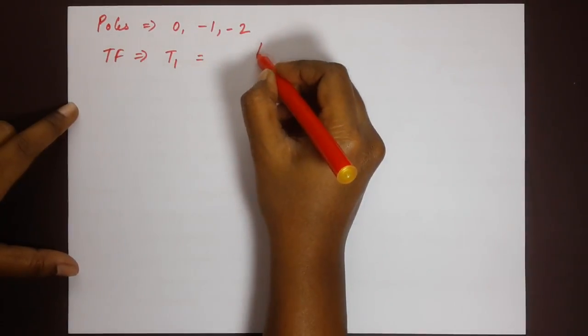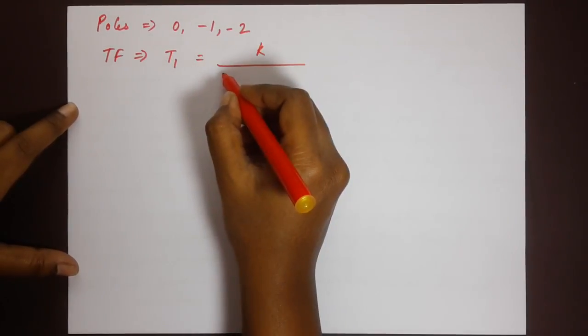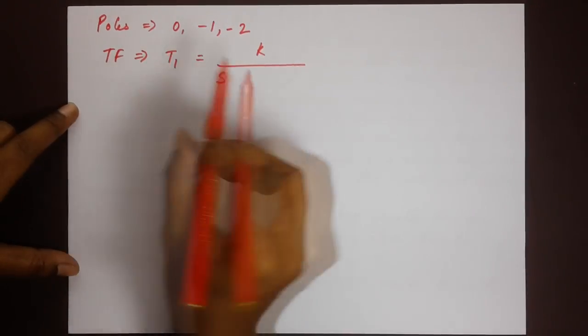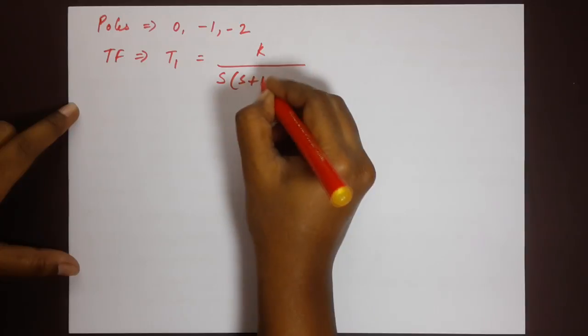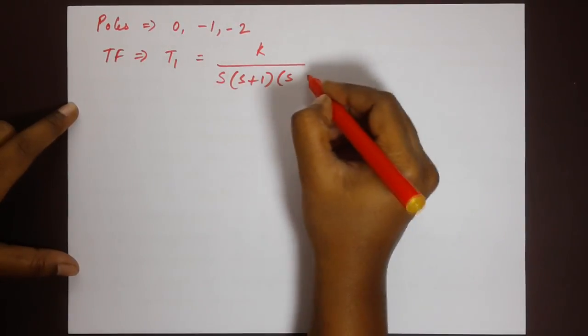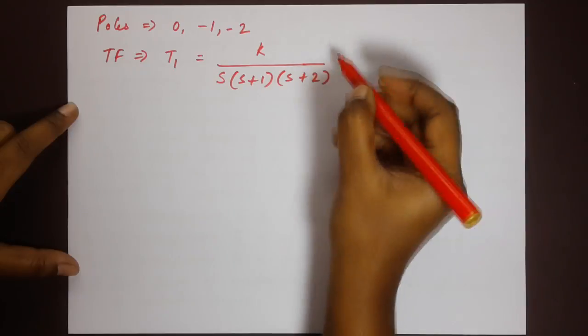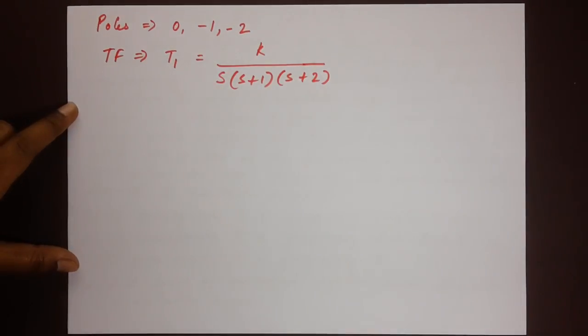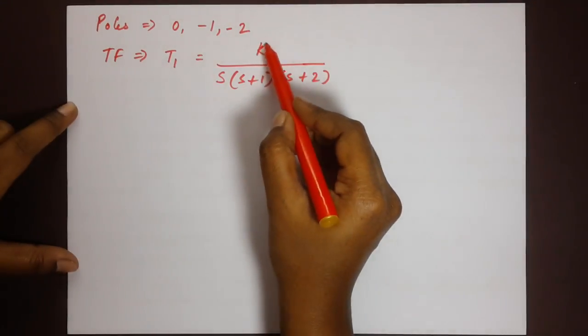So T1 equals K divided by S, that's the first pole at 0, S plus 1, that's the second pole at -1, and S plus 2, that's the third pole at -2. So we have number of zeros as 0.